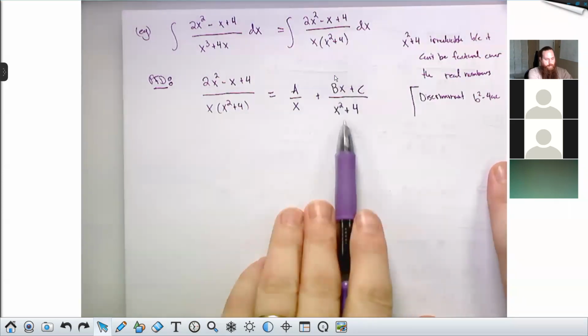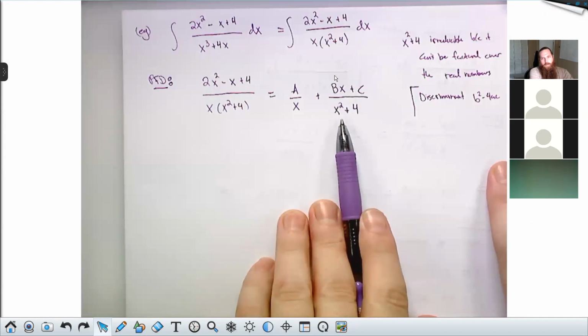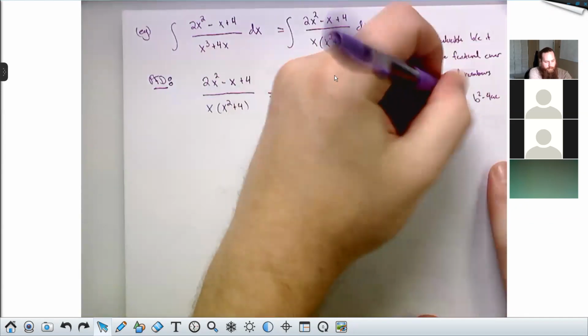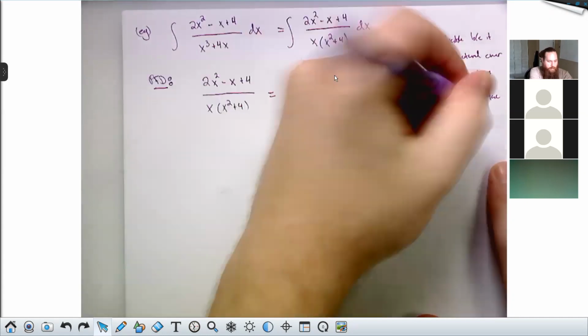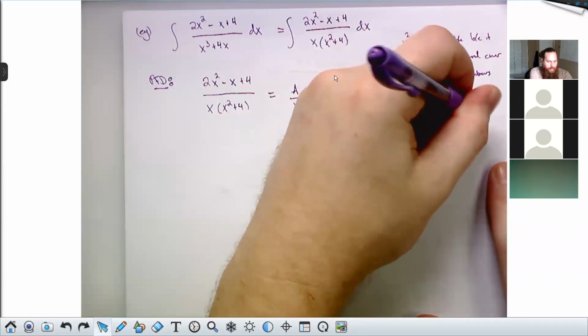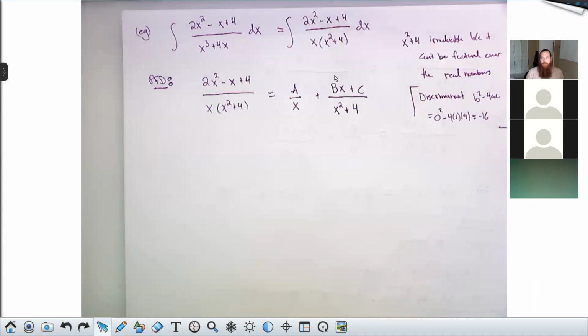Here a is 1, 1x squared plus 0x plus 4, right? So b is 0, minus 4 times 1 times 4 is negative 16. Remember, if the discriminant of a quadratic is negative, then it doesn't have any real roots. So having a negative discriminant is equivalent to being irreducible. That's the fastest way to check. It's a good question.